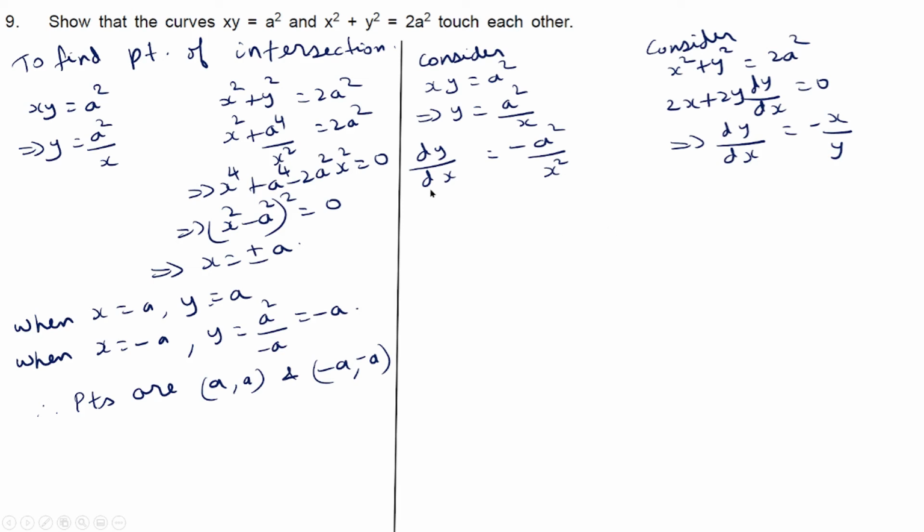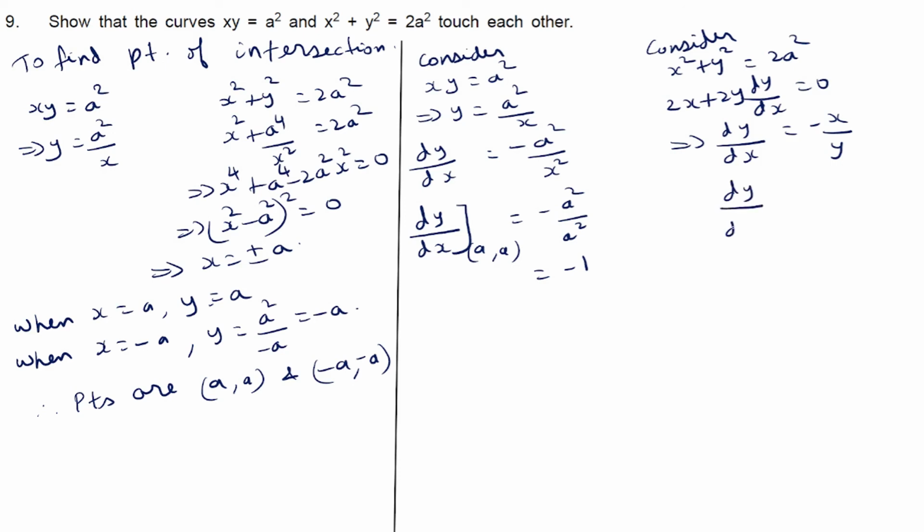So first let us find the slope of the tangent to this curve at this point. Dy by dx at (a, a) is equal to minus a square by a square, which is minus 1.